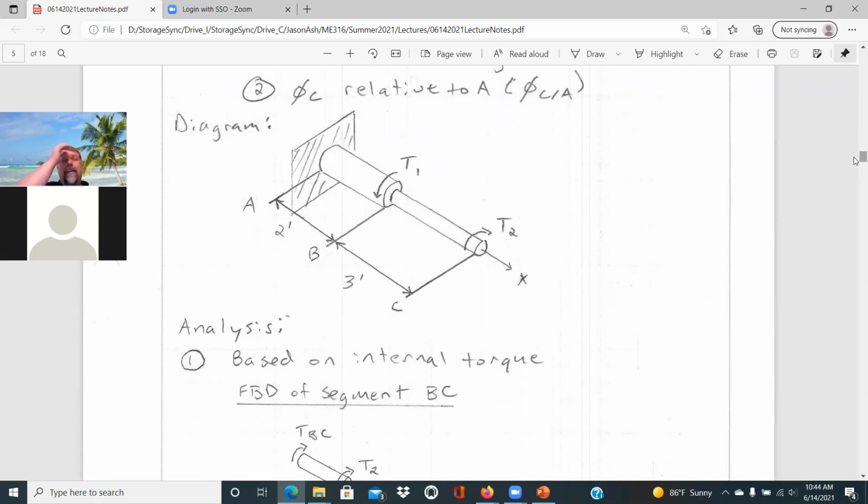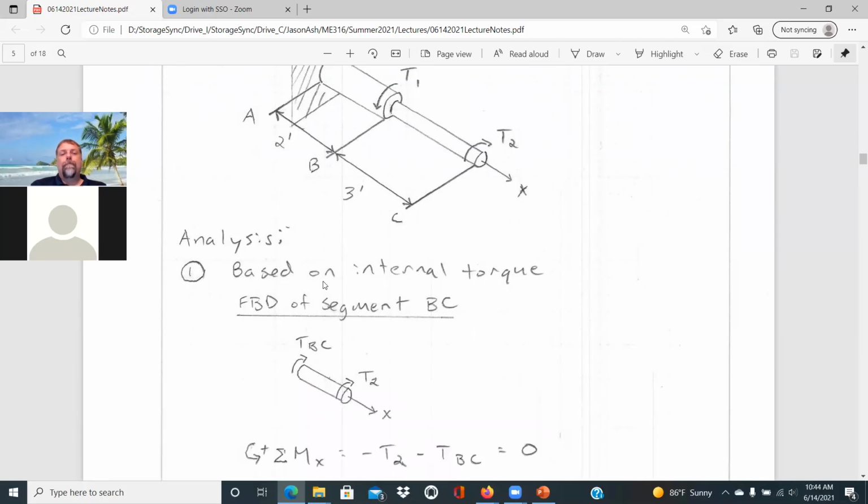And for this, I am going to show you two methods. The method where we're looking at the internal torques, and we just sum the internal torques, TL over JG, to figure out the angle of twist, versus superposition, where we make use of T1 and T2 to solve for the angle of twist. So we'll do both methods here for this first one.